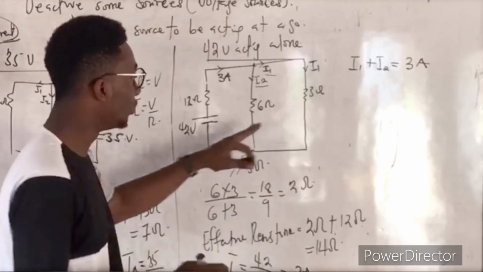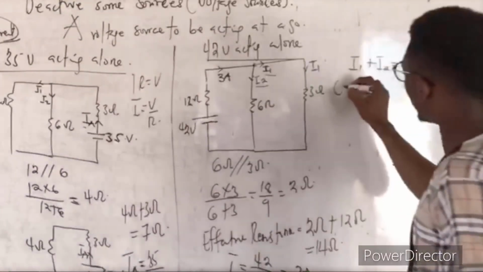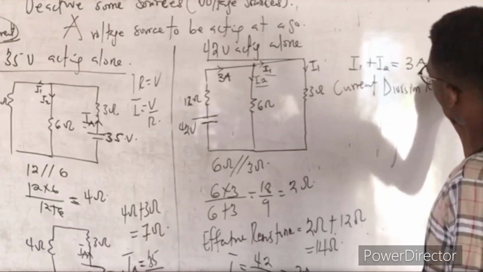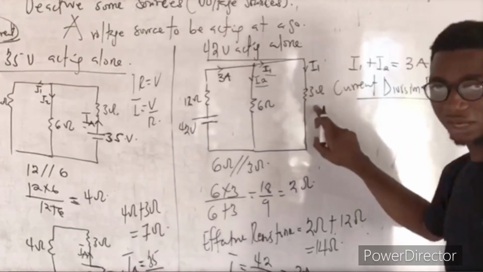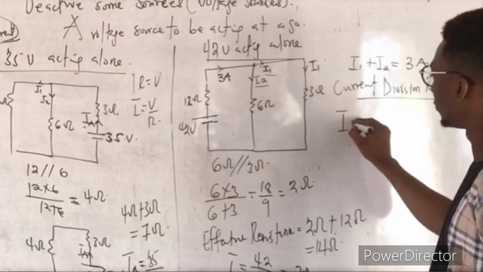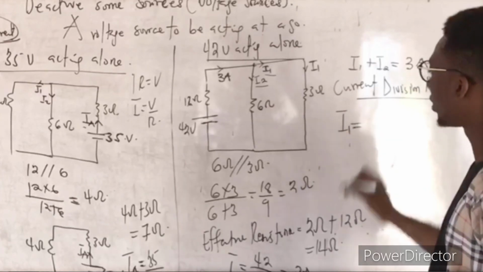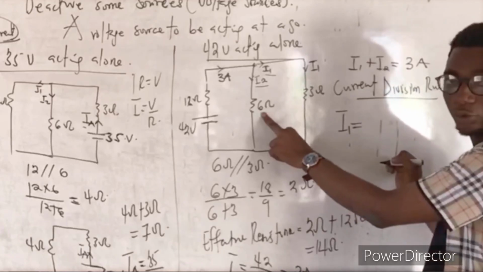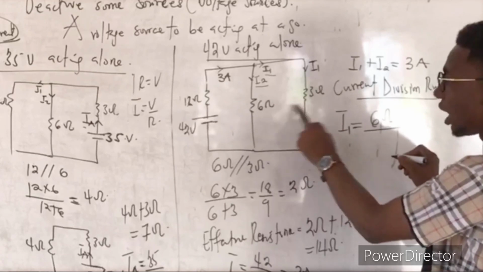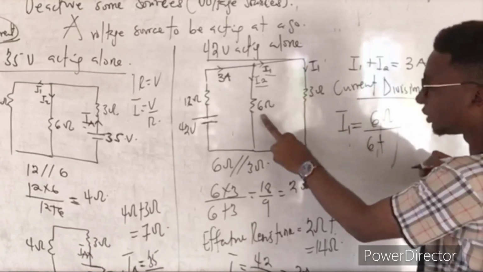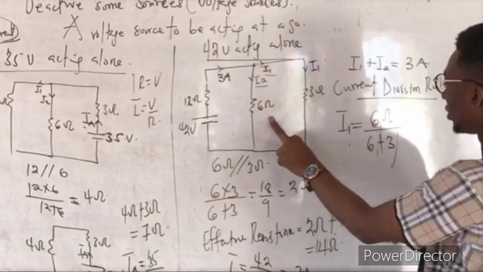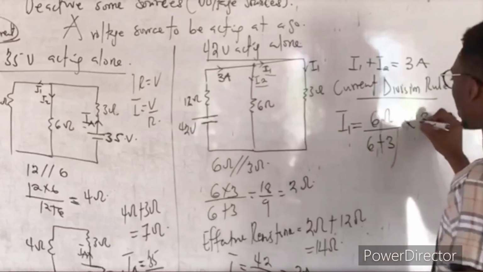Okay, when you know this, we can use the current division rule to find the current that will pass through here. So if we want to find I1, from the current division rule, we take the opposite resistor. So that is 6 ohm divided by the summation of the 2 resistors, times the total current, which is 3 that is coming.